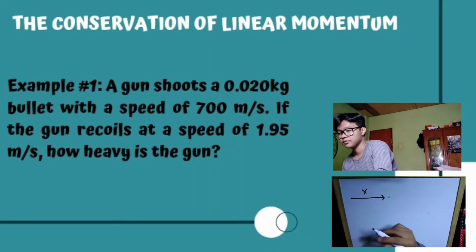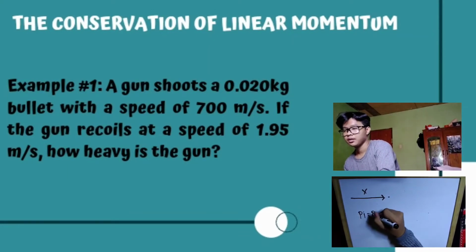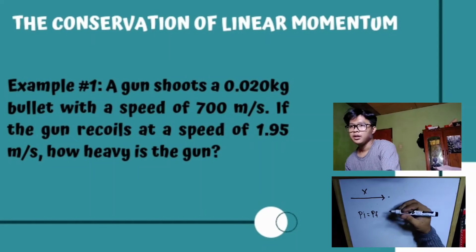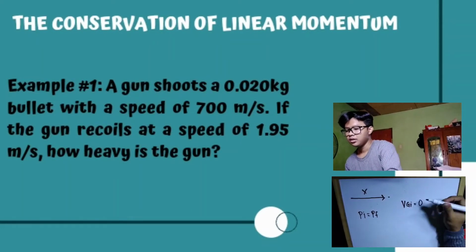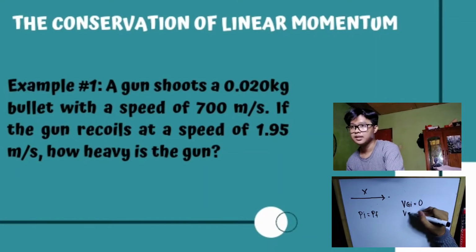So we have here P initial equals P final. Our given is: the initial velocity is equal to 0 and the bullet's initial velocity is equal to 0.